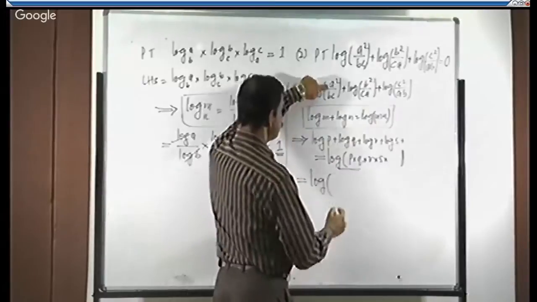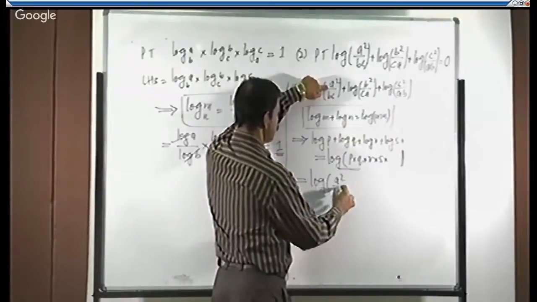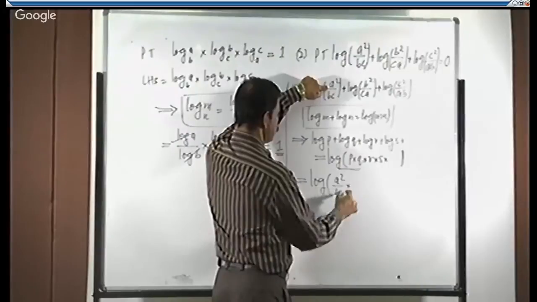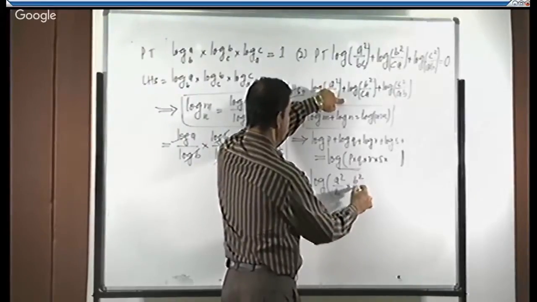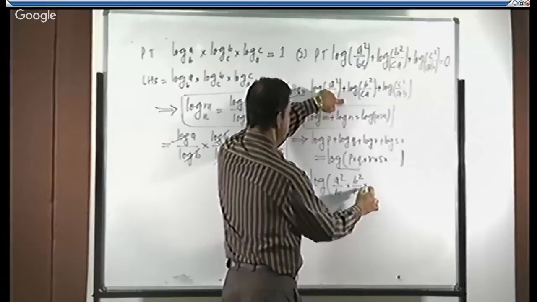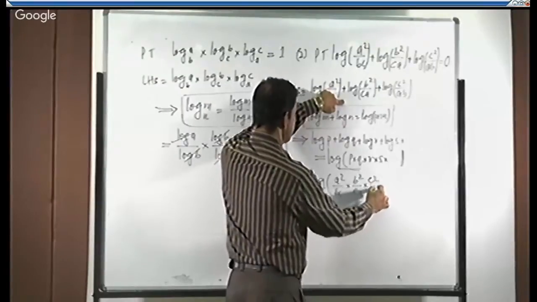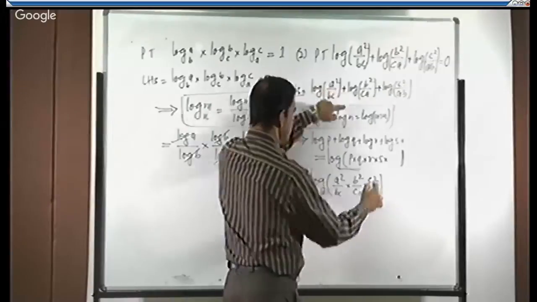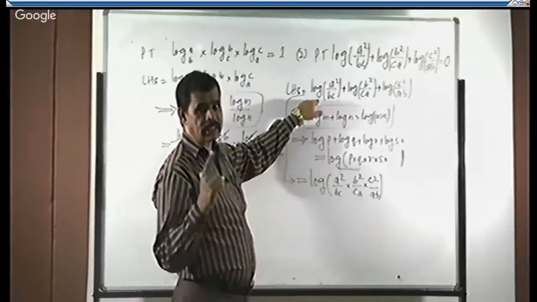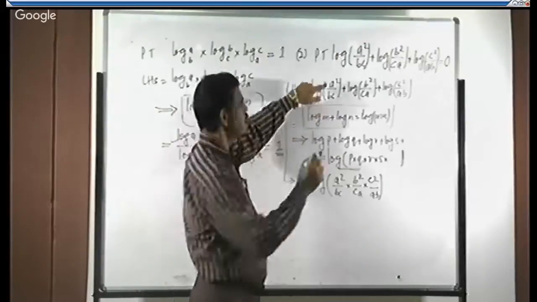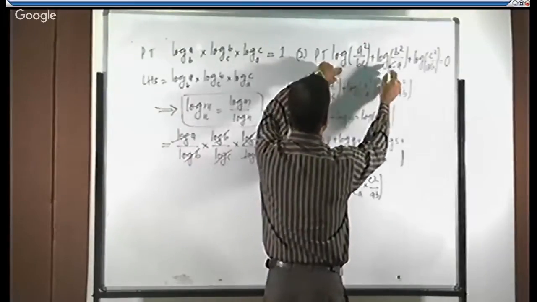Log pqr. What is p? It is equal to a square by bc into q. Q is what? B square divided by ca into c square divided by ab. To apply this law, we should have the same base, a common base. See, here the base is not mentioned, right?